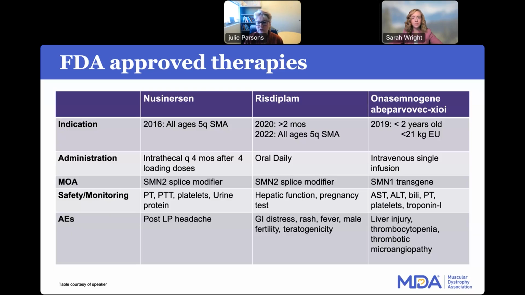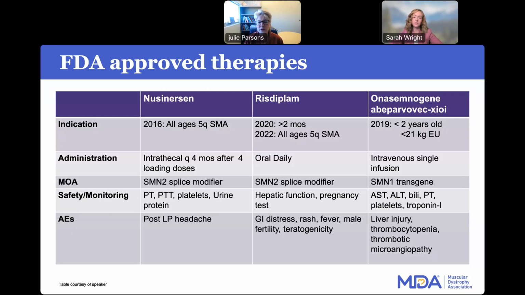Safety monitoring is fairly rigorous, with liver function studies, troponin, and platelets. There are some very significant adverse events seen with this treatment, including liver injury, liver failure, thrombocytopenia, and thrombotic microangiopathy.